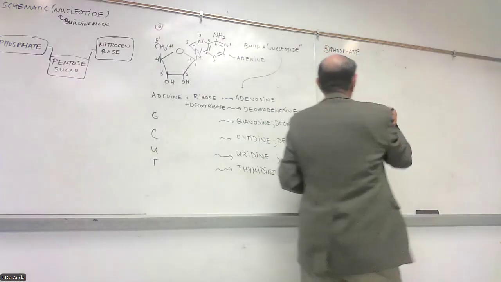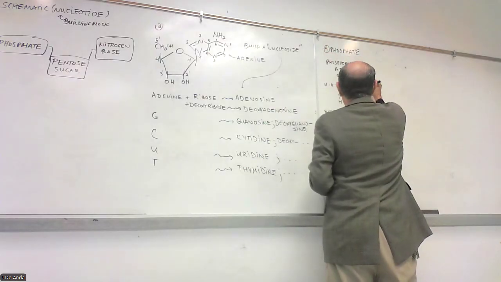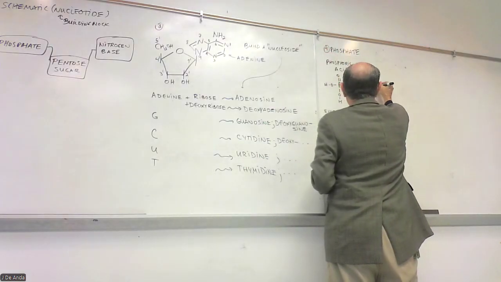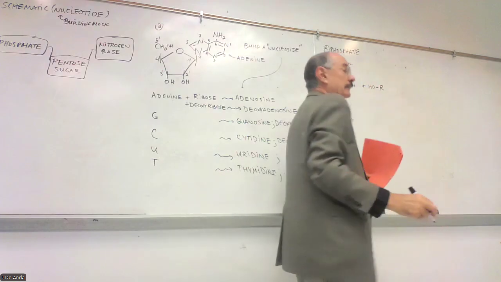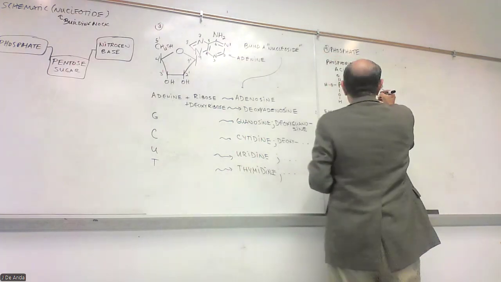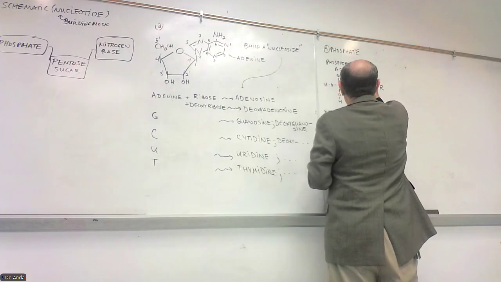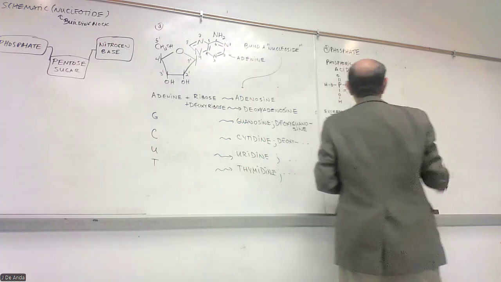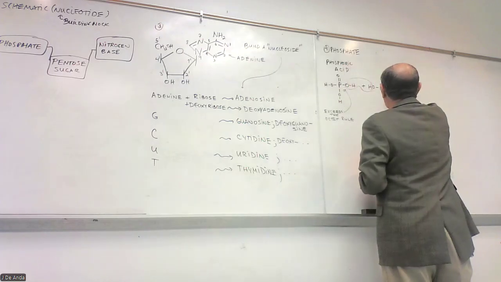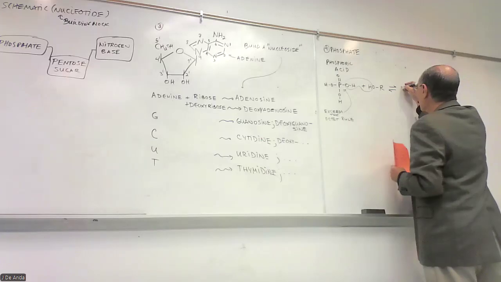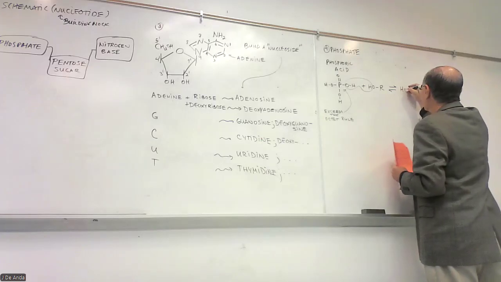Now, remember that we said that if I take an acid and I react it with an alcohol, I can essentially do this and form a structure that we're going to call, well, I'll tell you what I'm going to call it in a moment.